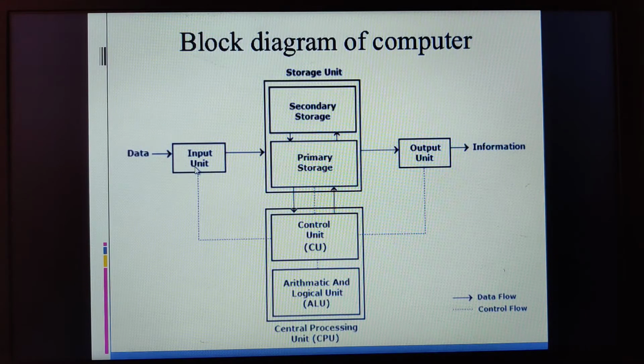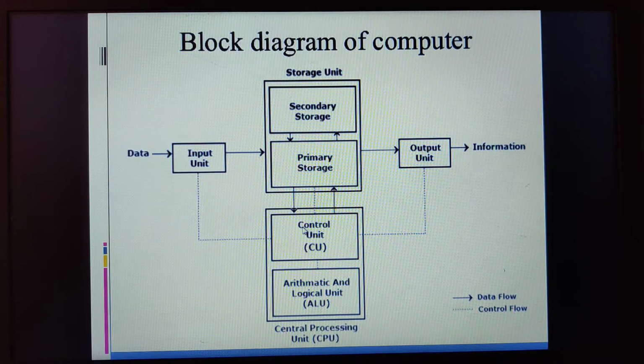Once it accepts it, the data will first be stored in the memory unit, that is primary storage. As and when the computer accepts the input data or instruction, that data will be stored in the primary memory. Then that data will be forwarded to the control unit.